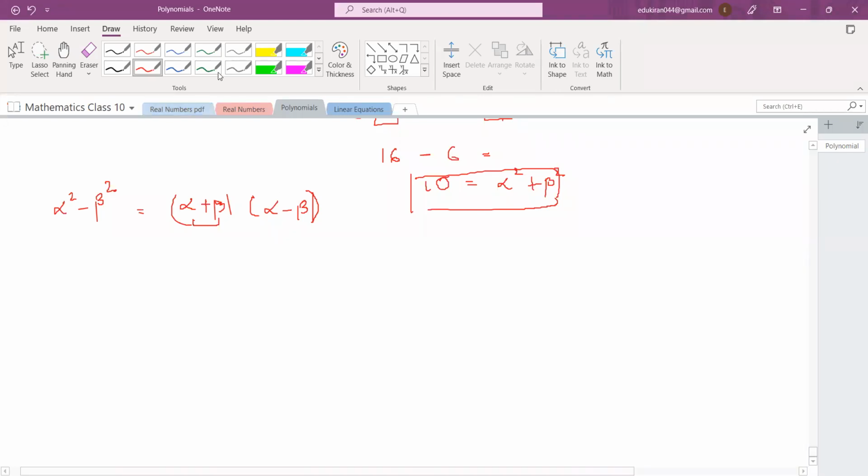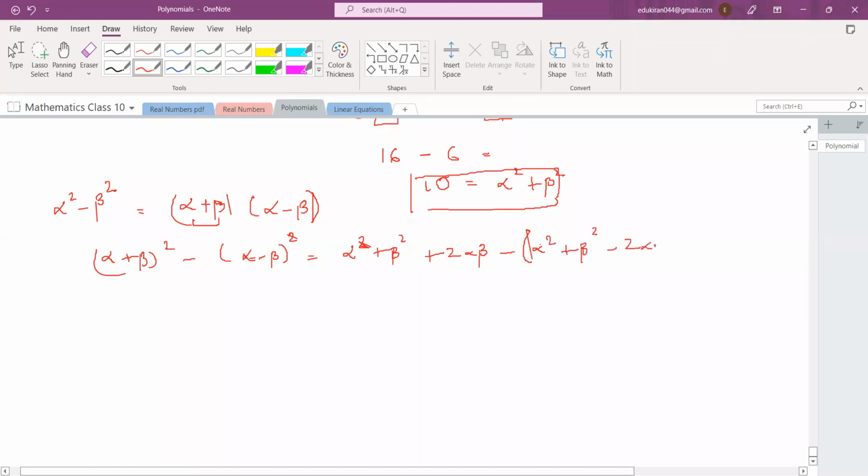So this will actually give you alpha square plus beta square plus 2 alpha beta, and then minus, put a bracket first of all, alpha square plus beta square minus 2 alpha beta.